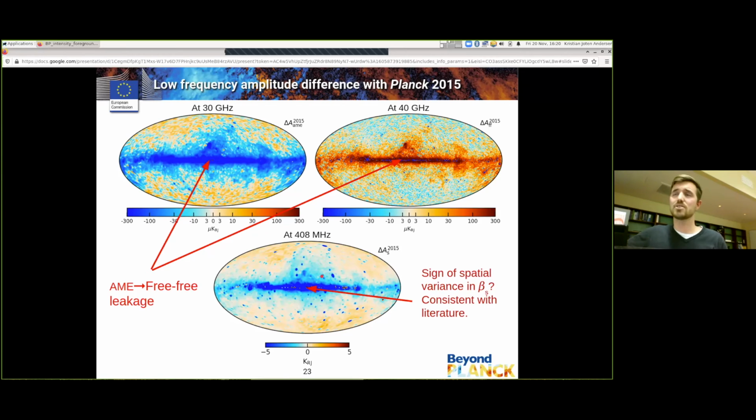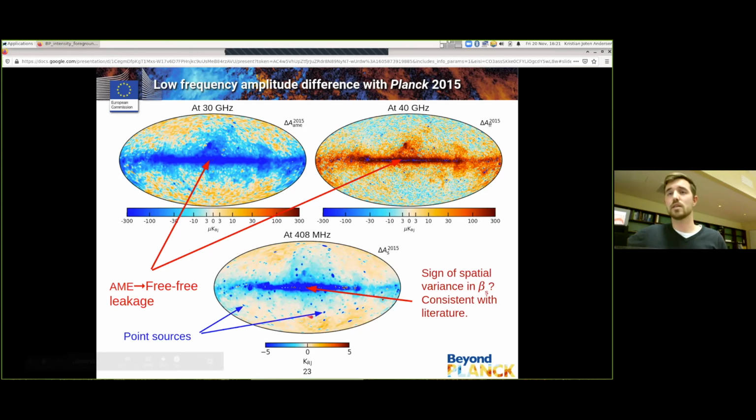And in addition, as literature has shown lately, there is also expected to be a spatial difference in the spectral index of synchrotron, which might give us some possible improvements in the future if we're able to sample it with different regions, as we did for the polarization run.